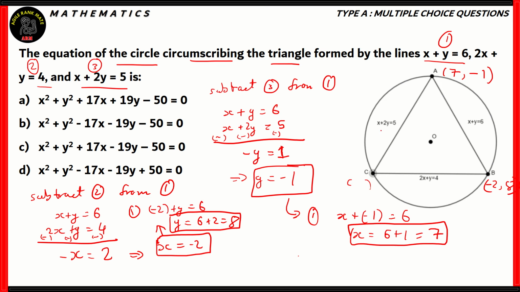And we can subtract x plus 2y equals 5 from that. So when we write it down, we will subtract equation 3 from equation 2 multiplied by 2, which is 4x plus 2y equals 8.